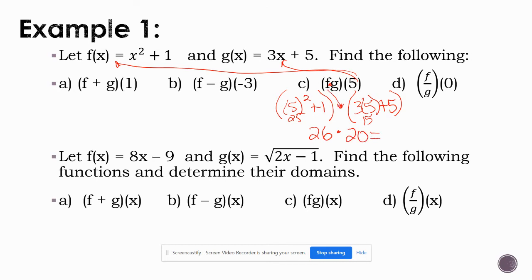Now find the product of that, or multiply them together. 26 times 20 is 520. So the answer to that is 520.